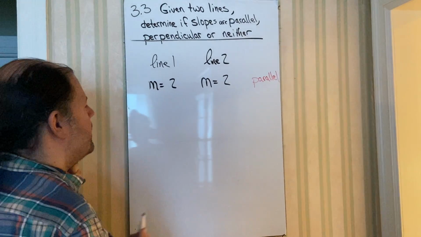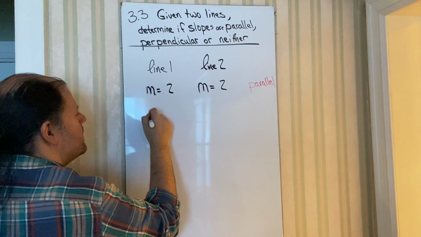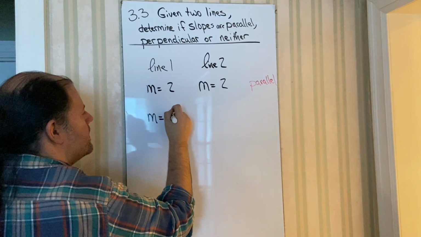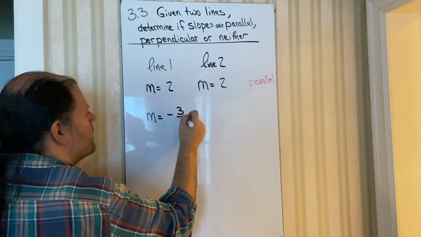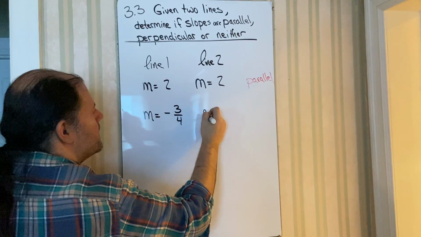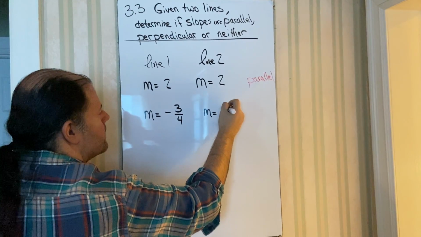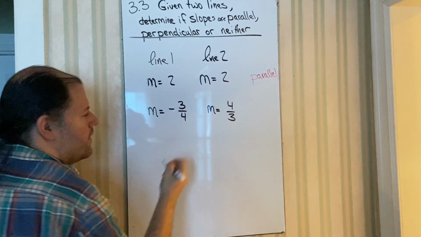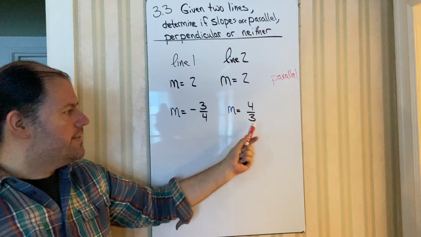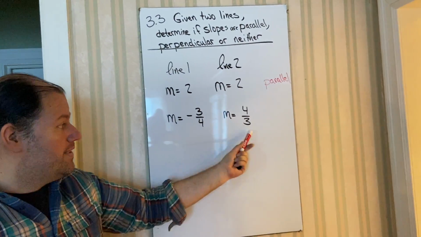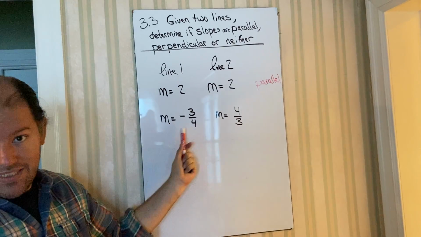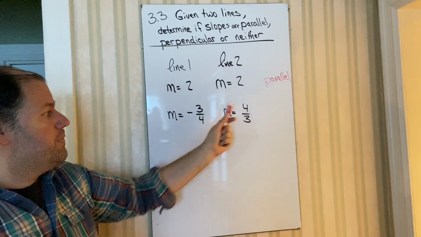Now what happens if we have a slope that is negative 3/4, and then line 2, the slope is 4/3. By looking at the slopes, you can see that they're opposite signs, one has a positive, one has a negative, and that they're reciprocals of each other.